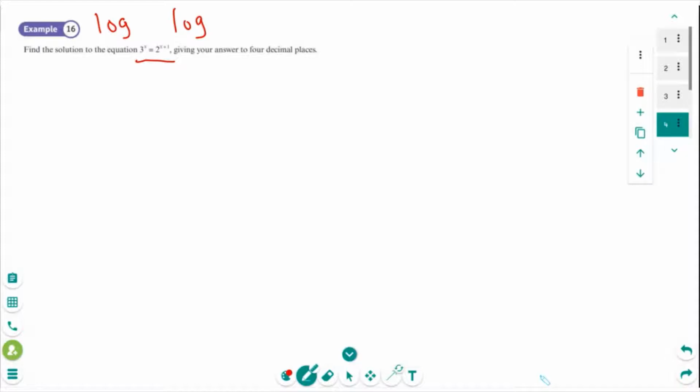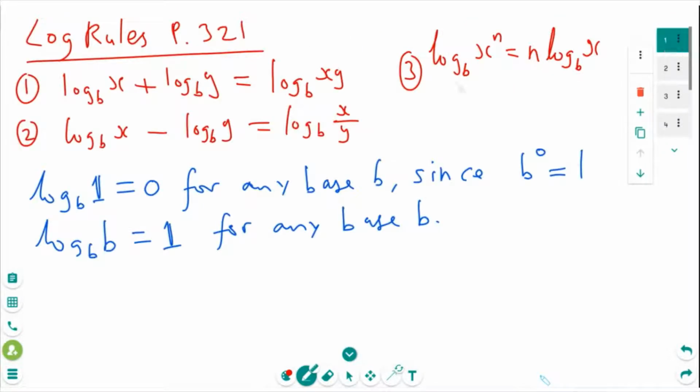Okay, so you begin by logging both sides. So you go log 3 to the x, log 2 to the x plus 1. I'm assuming it's base 10. Then, using the laws of logarithms, the third law of logarithms was that log x to the n, the power comes to the front.